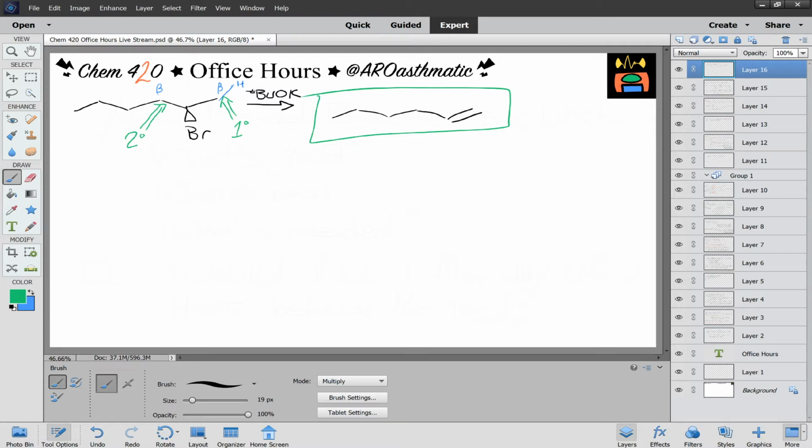Okay, so let's see if there are any questions that roll in with that. I'm totally down to answer. But we have one on the stack from Nilab asking for a synthesis problem.